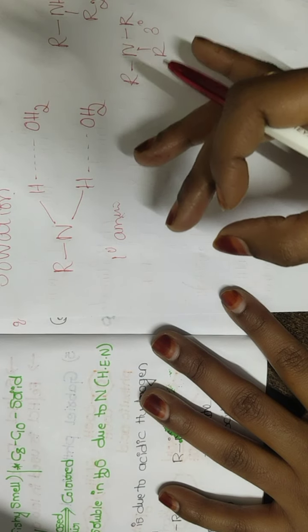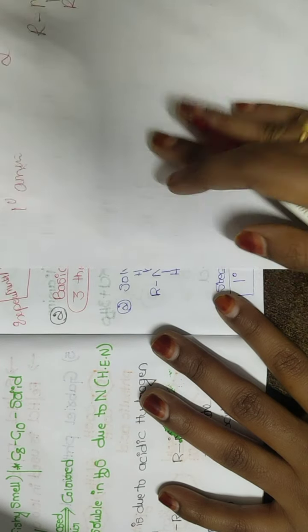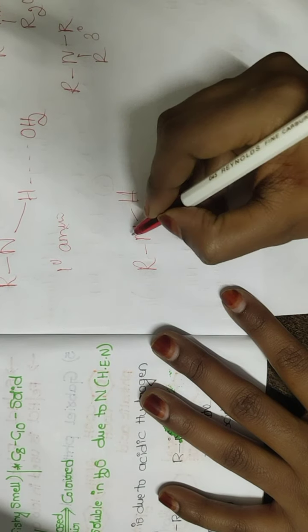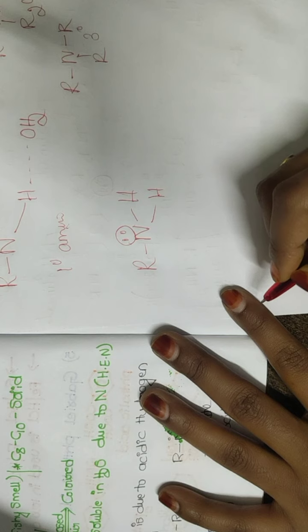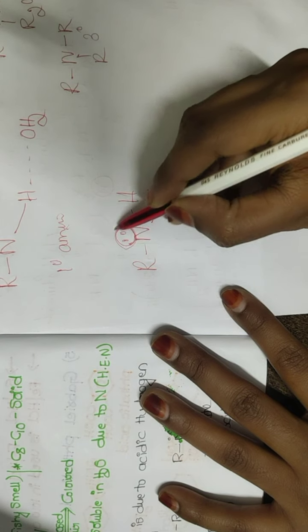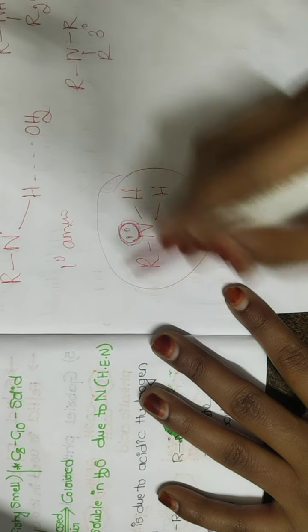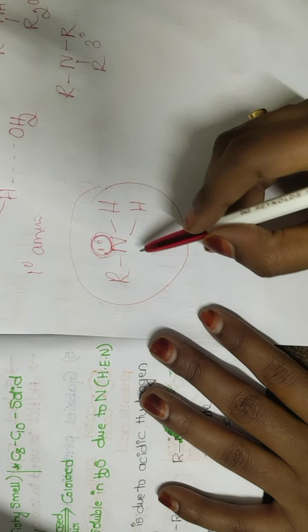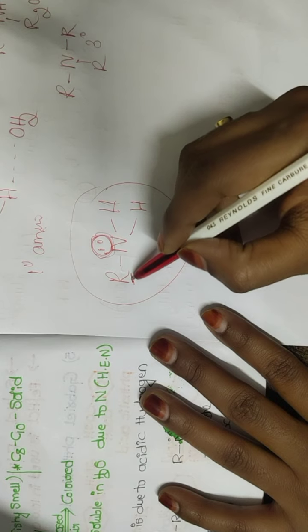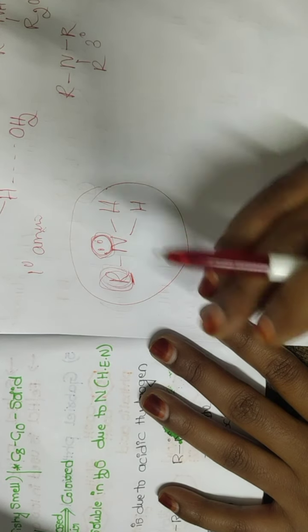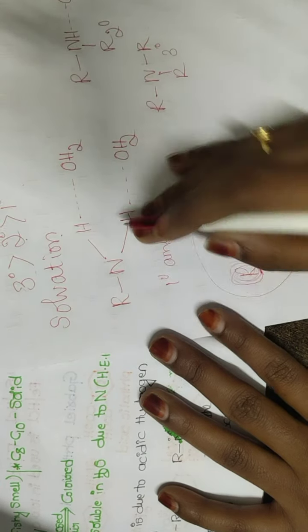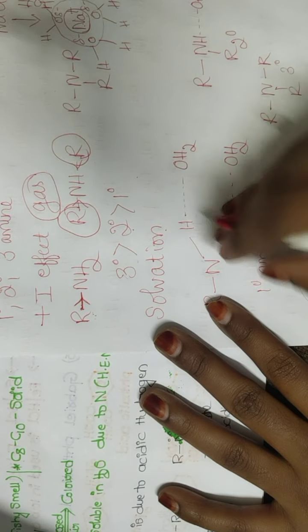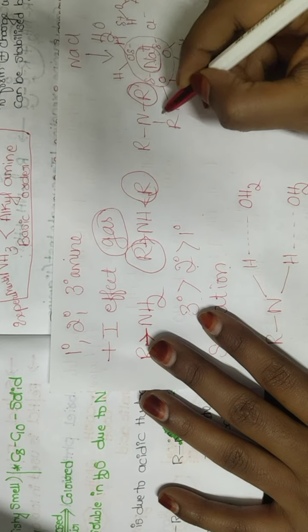In the same way, in case of amines also, the basic nature is mainly because of the lone pair. So to get this lone pair in an amine, I should not have a steric hindrance. You know that in case of primary amine, I have only one R group, and this R group is a steric hindrance. Whereas in secondary amine, I have two bulky groups, and in tertiary amine, I have three R groups.